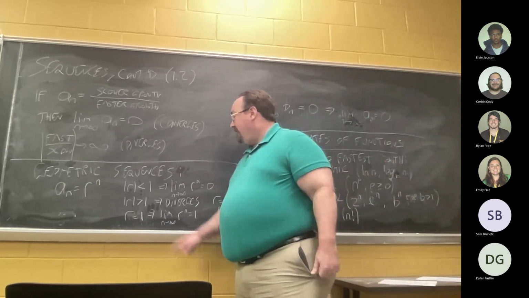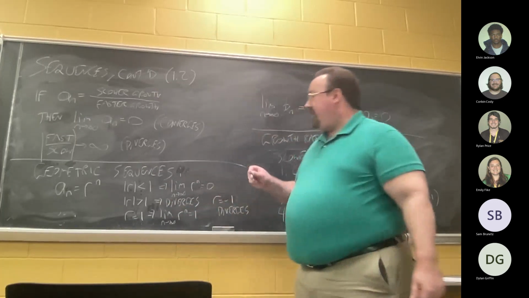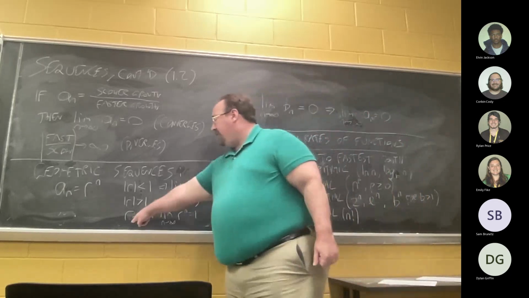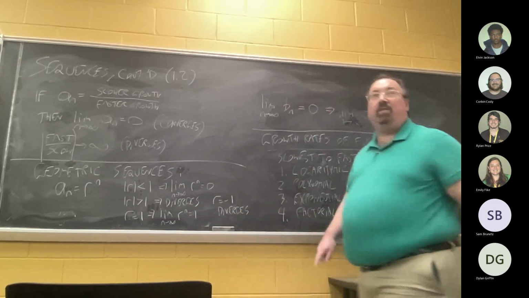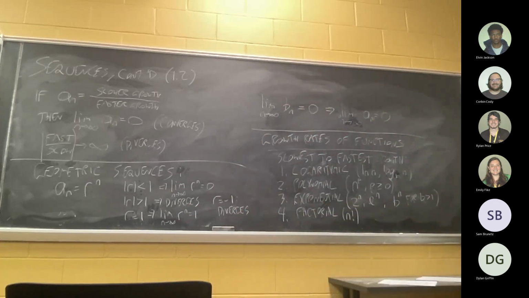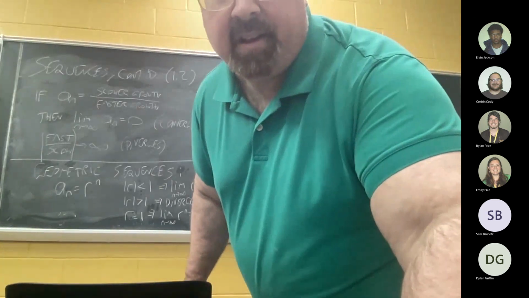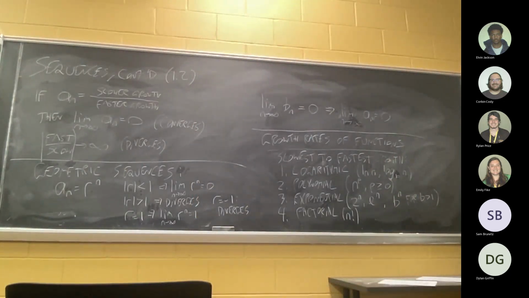And if the absolute value of a complex number is equal to 1, but the number itself is not equal to 1, then it falls under this category. It's still going to diverge. It's never going to settle on a particular value. All right. Some questions about these kinds of sequences.